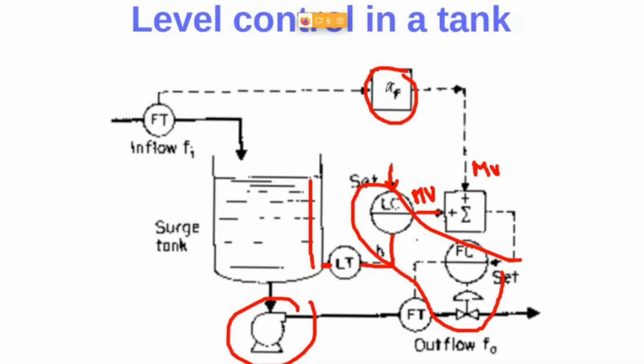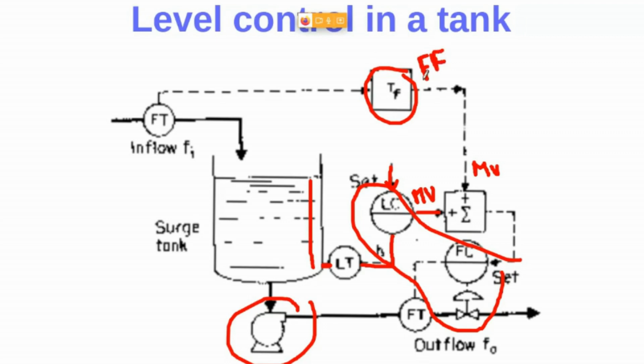But as you can see, this controller action is applied at the end on a valve that doesn't modify the variable that this controller uses as a measurement, right? So we can say that this controller is controlling a variable that it is not measuring, right? So this is clearly an open loop controller. So this is clearly a feed forward controller.